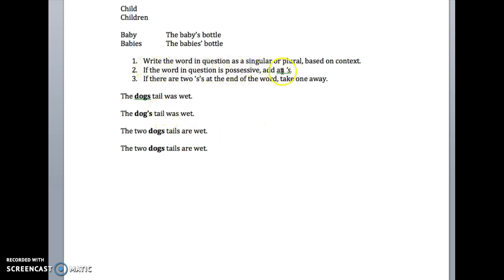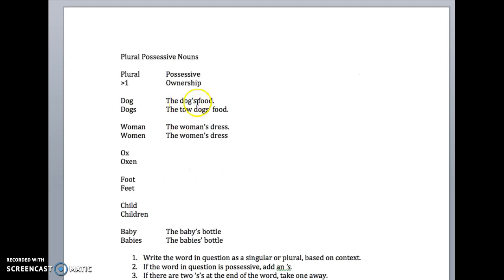Now, if the word in question is possessive, add apostrophe S. Now, if there are two S's at the end of the word, let's take one away. And there's your answer. So we've gotten this answer through using that rule.